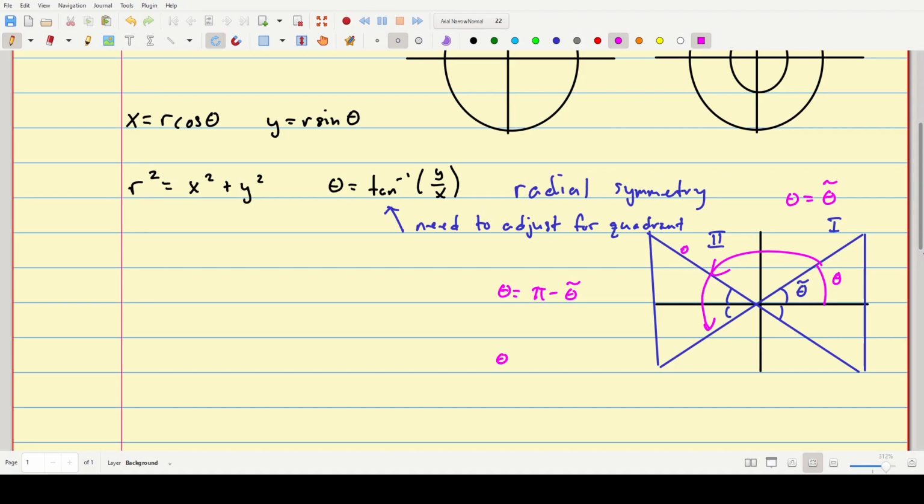Quadrant 3, it's equal to pi plus the reference angle. And in quadrant 4, it's equal to 2 pi minus the reference angle.